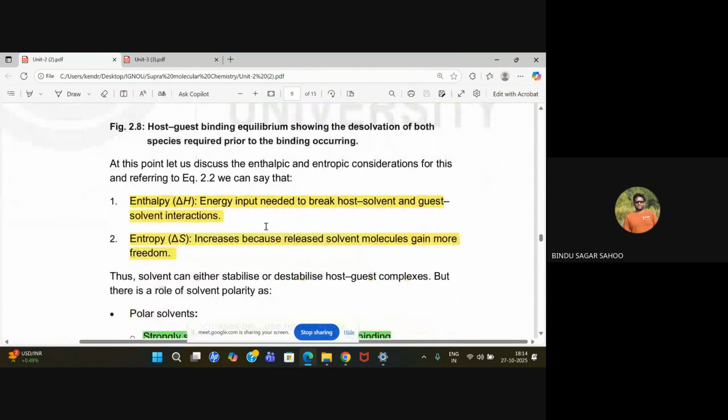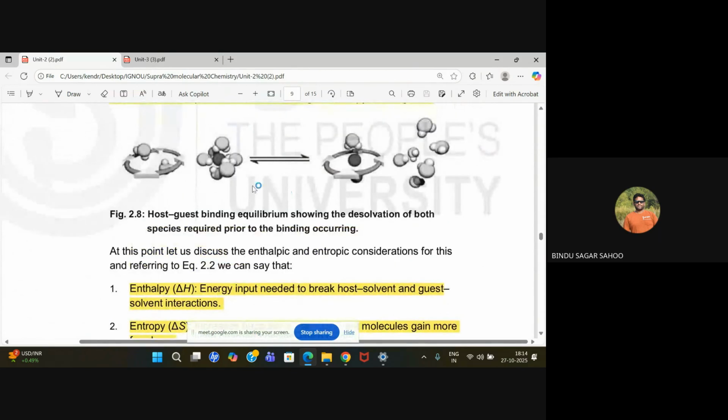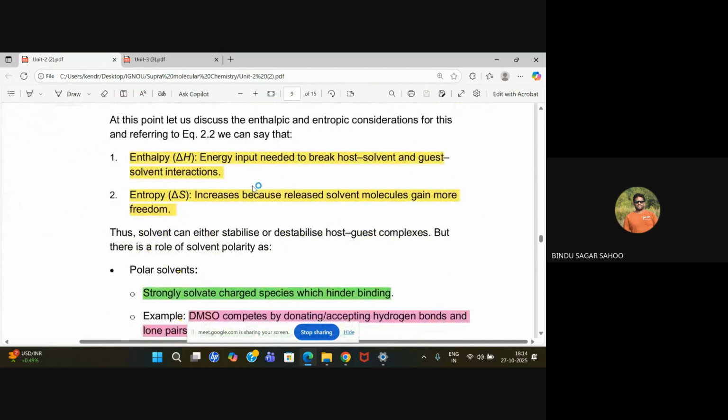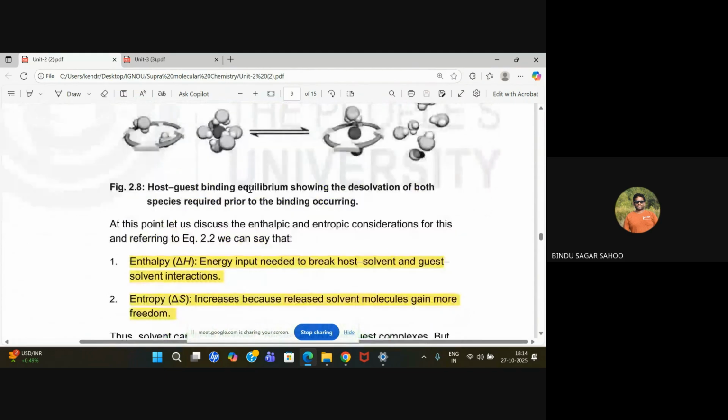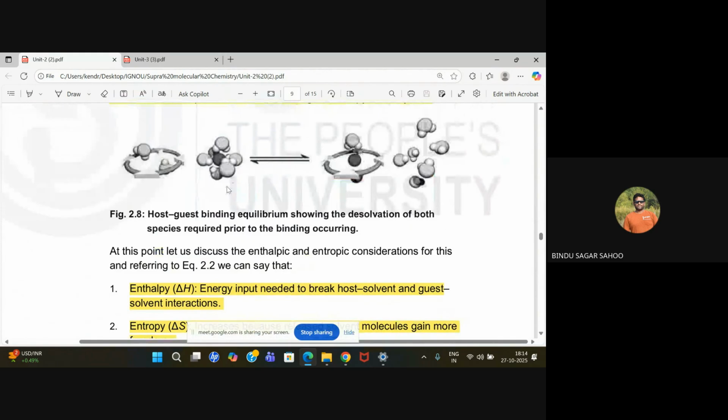Okay, so the solvent can either stabilize or destabilize the host-guest complex, but there is a role of solvent polarity. Particularly, if there is a more polar solvent, then definitely it will make a strong interaction with the host molecule and the guest molecule.